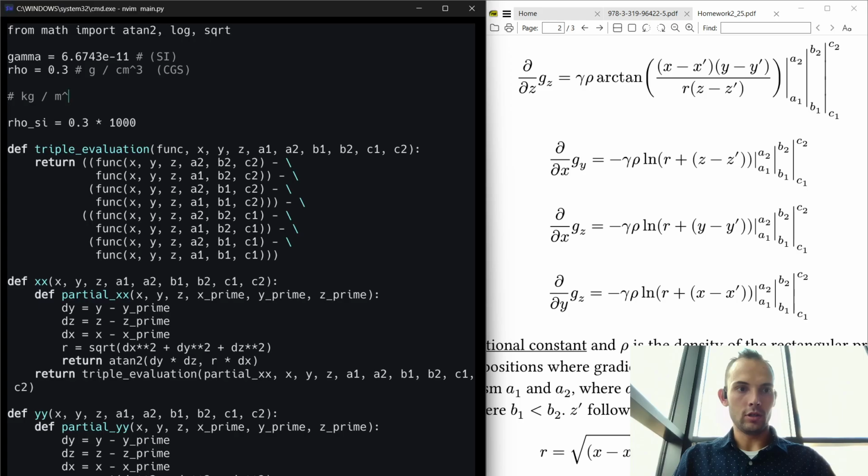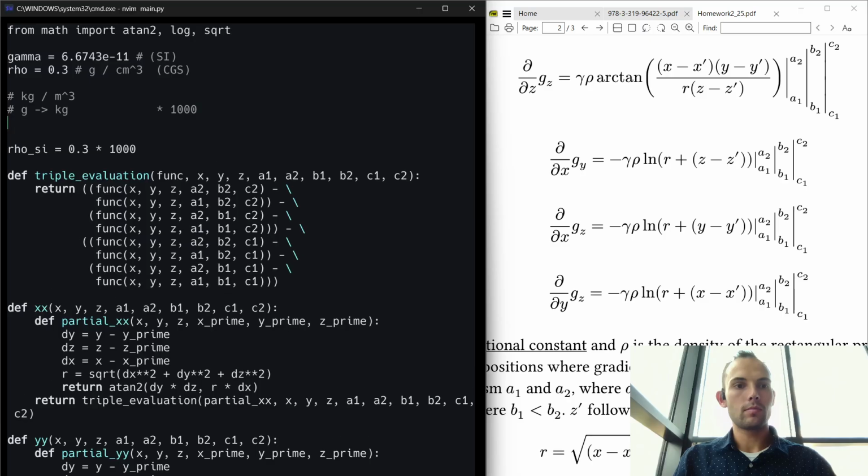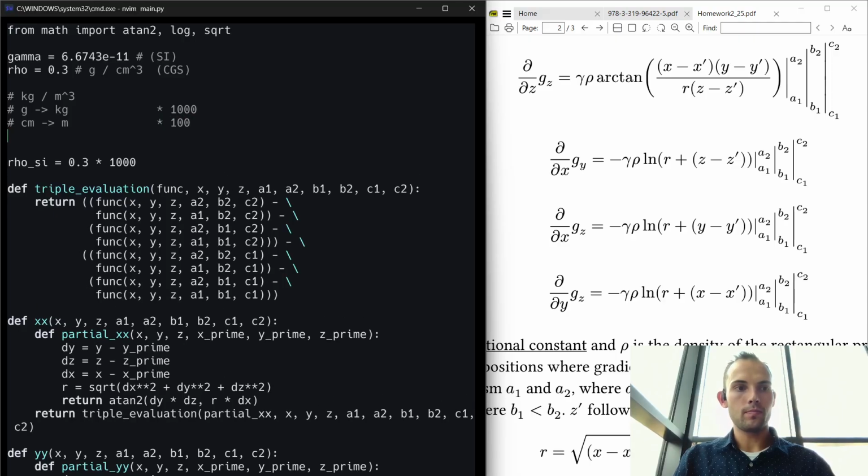SI would be kilograms per meter cubed. So grams to kilograms is a multiplication by 1,000. And centimeters to meters is a multiplication by 100.